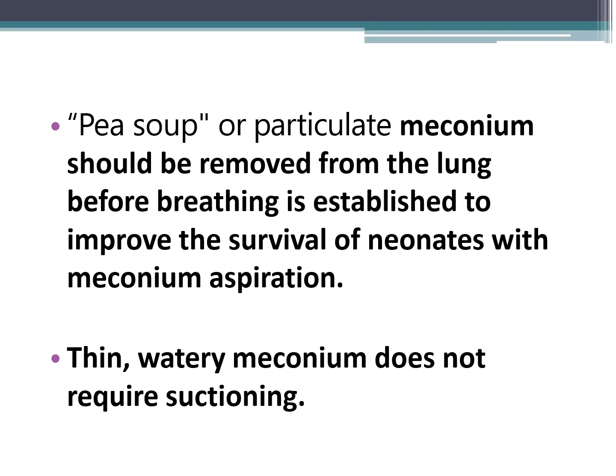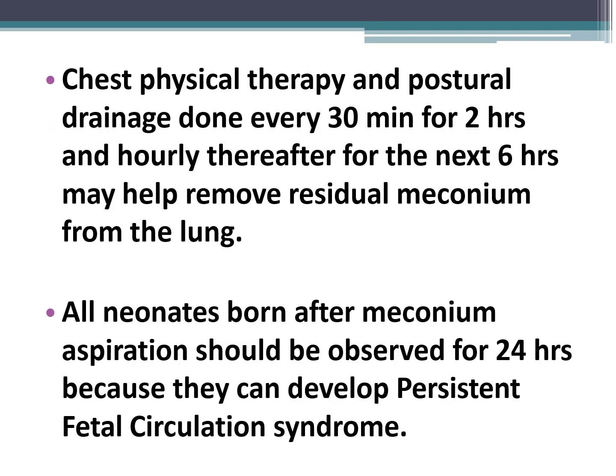Otherwise, if this pea soup particulate is there, you can do the chest physiotherapy and postural drainage every 30 minutes for 2 hours, and after that again hourly for 6 hours. This will remove the residual meconium from the lungs, and after that you can perform the suctioning also.